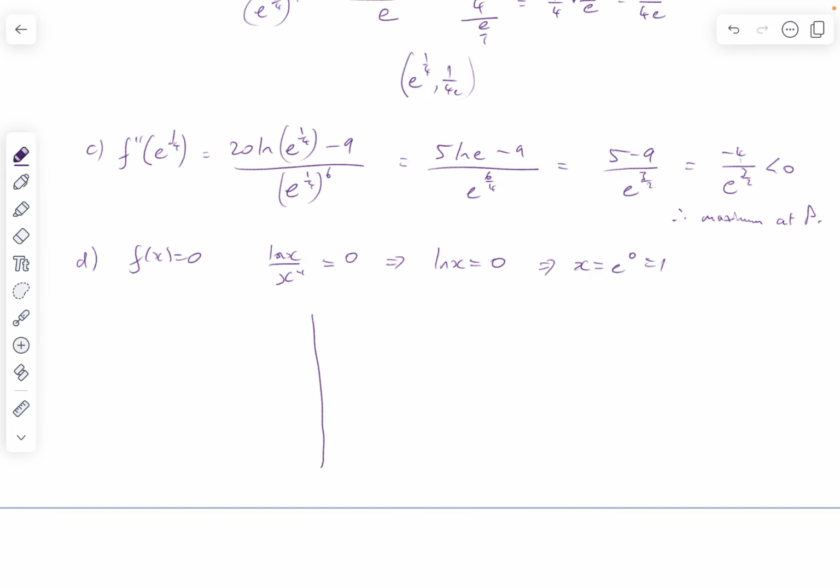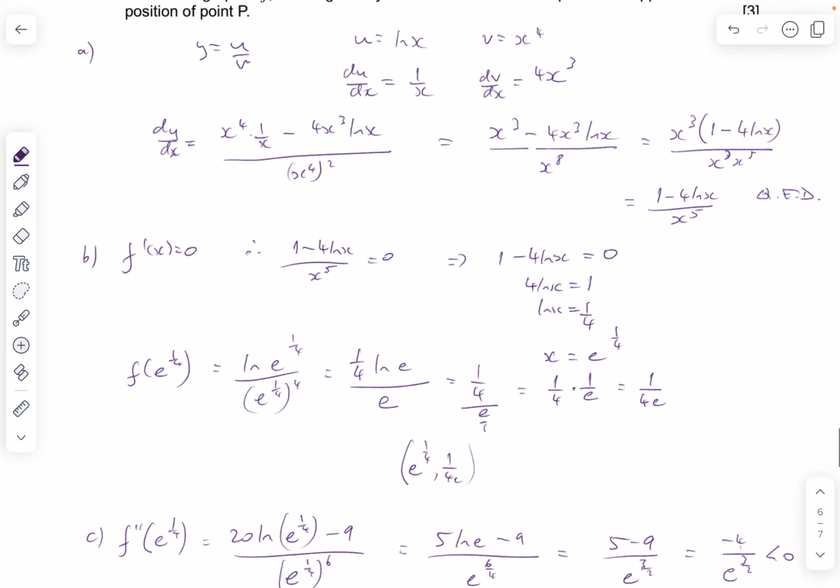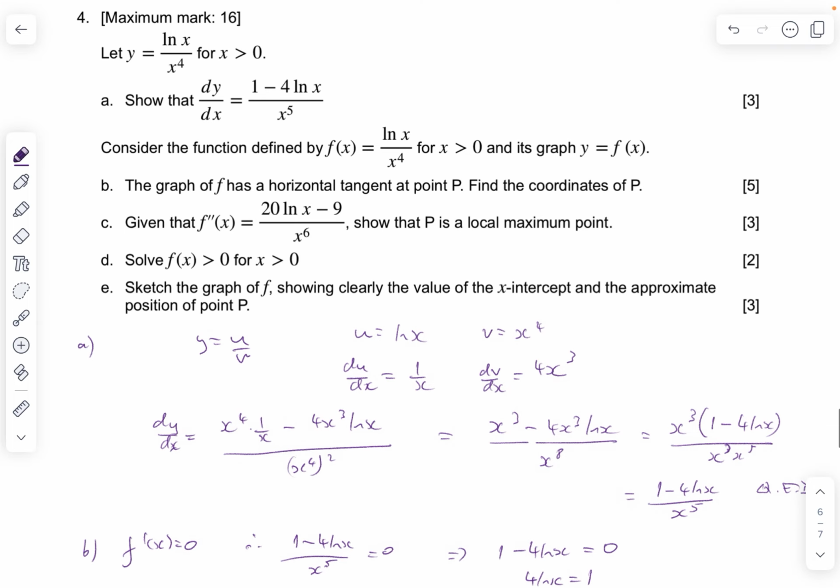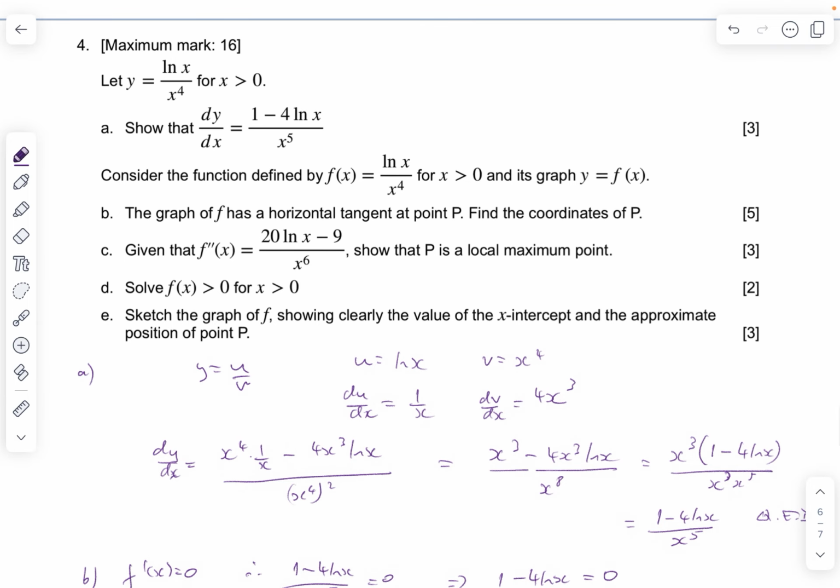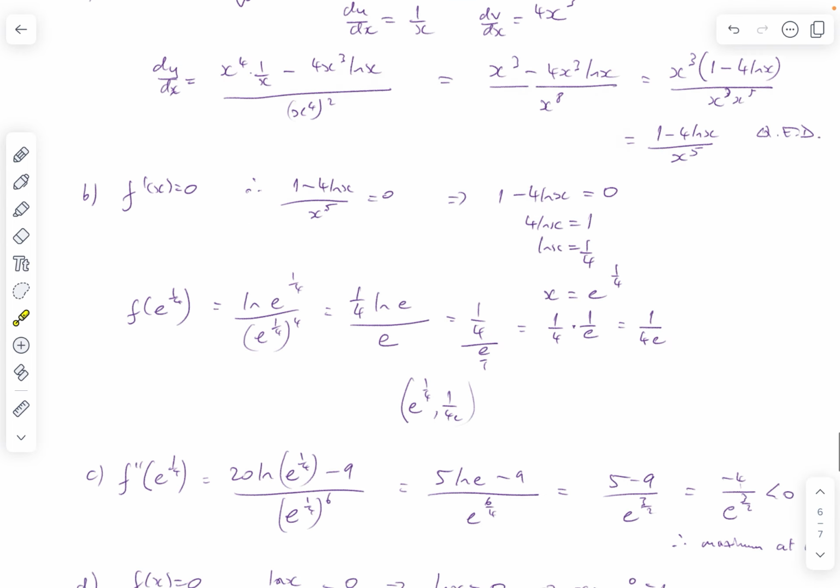So x equals 1. If we look at a sketch for a graph, it wants x greater than 0, so we don't care about anything less than 0. When we make x really small, x is small, so x to the 4 gets really small, which makes the fraction big. And log x is really negative and big, so it's really big and negative.